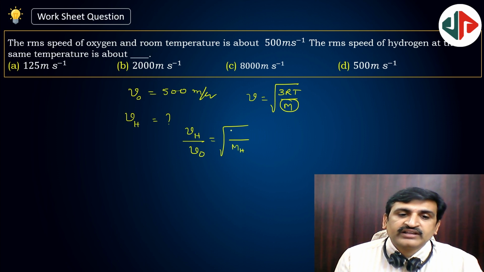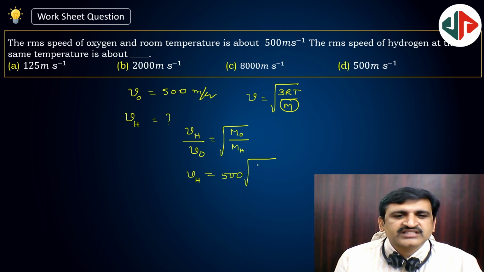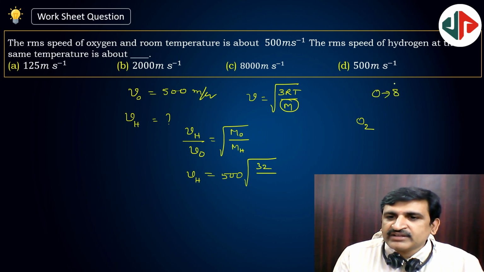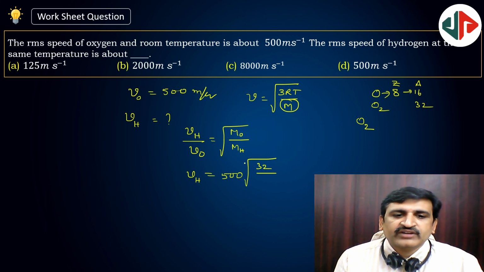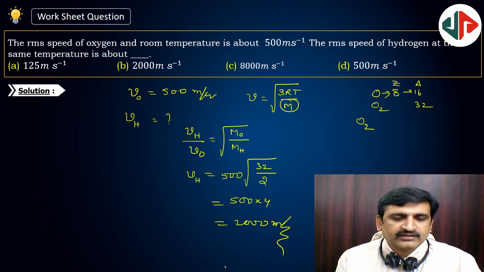I have to find VH, which is 500 into root over 32 by 2. Why? Because molecular mass only you have to consider. 8 is for oxygen, this is atomic number, so mass number is 16 and then O2 is 32. So that 32 I have to use. MH for H2 is 2. So 16 4s are 64, 500 into 4 is 2000 meters per second.